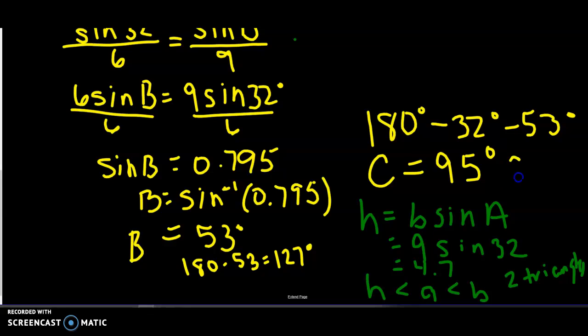And then C2 would be 180 minus the 32 degrees minus the 127, which would be 21.